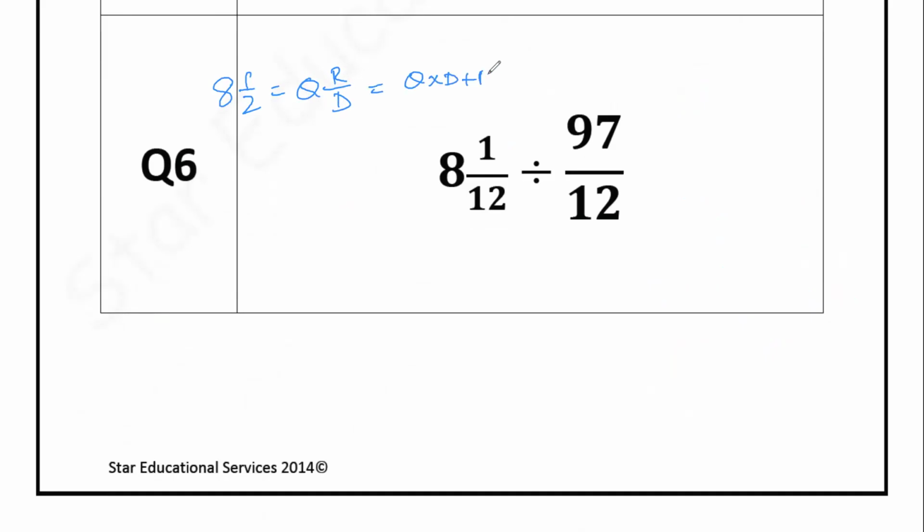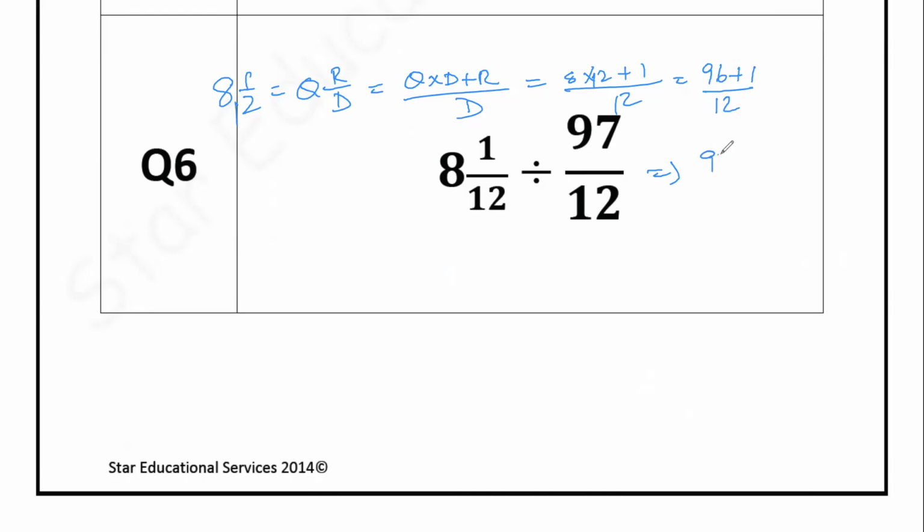Quotient into divisor plus remainder upon divisor. So that is 8 into 2 plus 1 upon 2. That is 16 plus 1, 17 over 2. Oh, my bad, it is 12. So what we have is 8 12s are 96 plus 1 over 12.